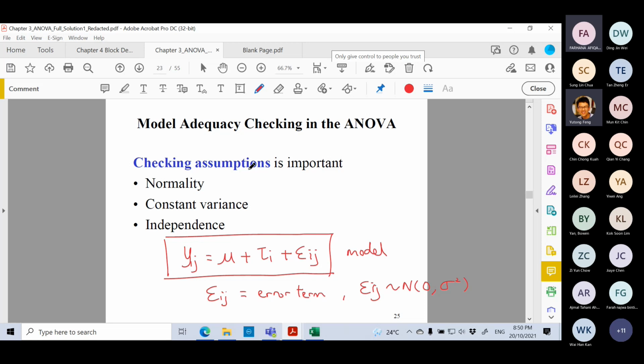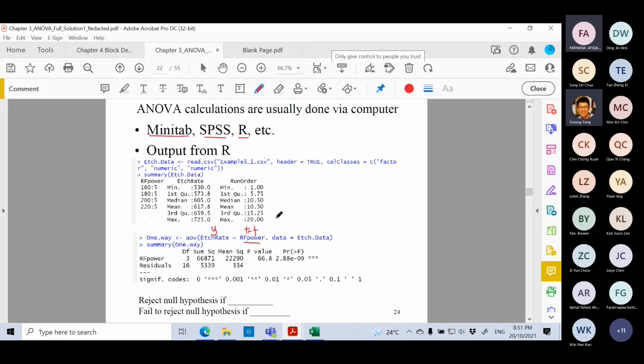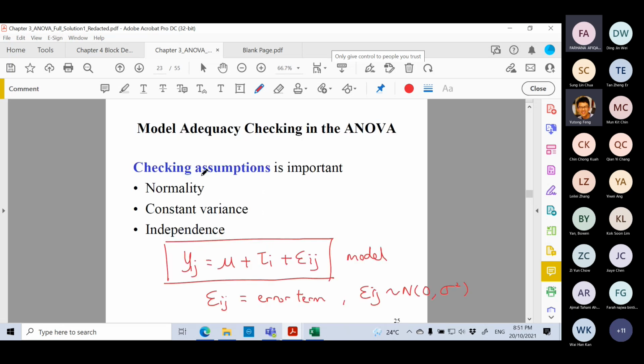If you do not fulfill the assumption, the assumption is violated, which means what you assumed at the beginning is wrong. This implies that although the analysis can run and give a result, the model you assumed is wrong, so the result may not be accurate. These are the three assumptions we need to check from the model.